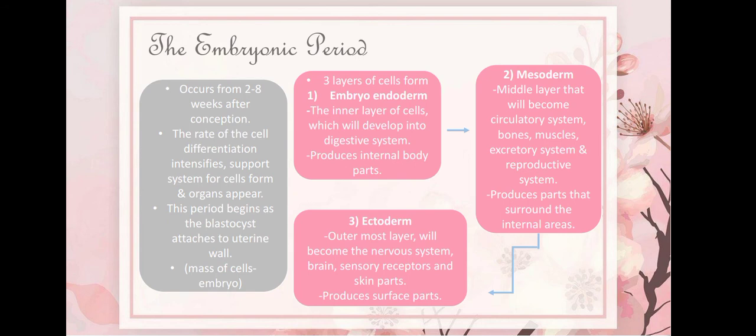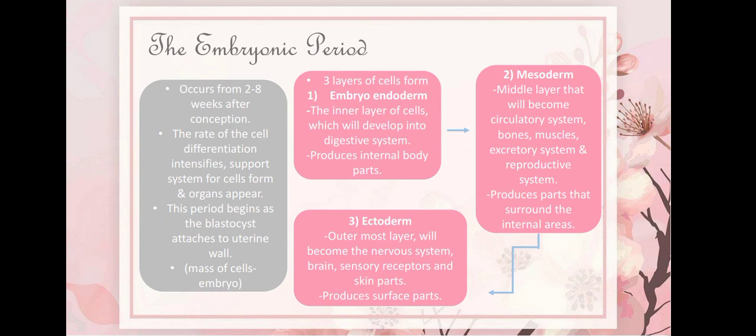The mesoderm, or the middle layer, will become the circulatory system, the bones, the muscles, the excretory system, and the reproductive system.